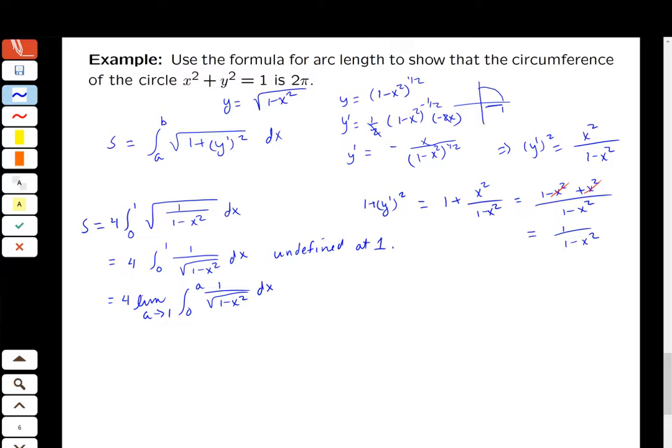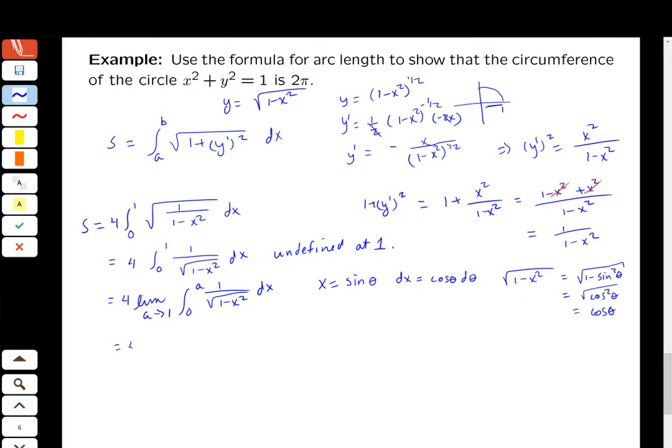If we use trig substitution, x becomes sine theta, dx is equal to cosine theta d theta, and the square root of 1 minus x squared becomes the square root of 1 minus sine squared. What is 1 minus sine squared theta? Cosine squared. And what's the square root of cosine squared theta? Cosine theta.